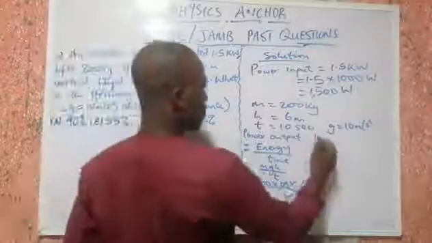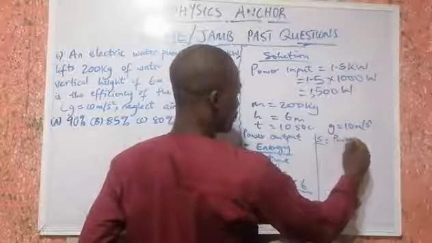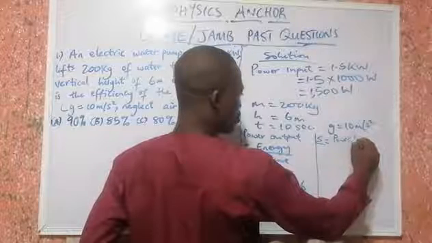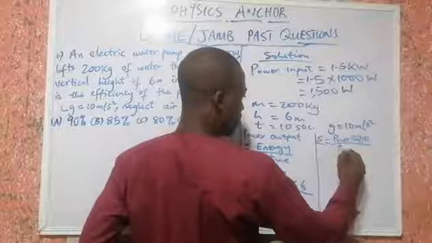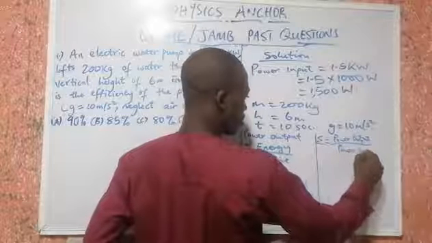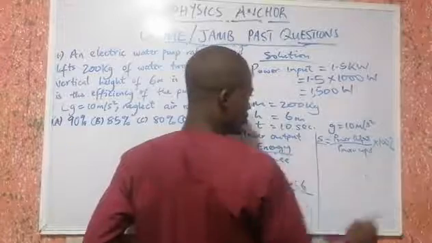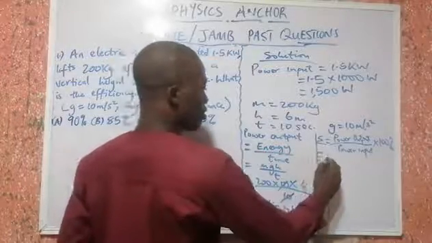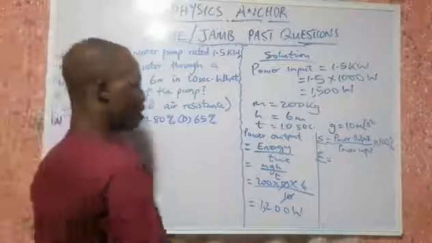So we can now write the formula for our efficiency equals power output over power input times 100 percent. So that's the formula that we can use to find our efficiency. What's our power output now?